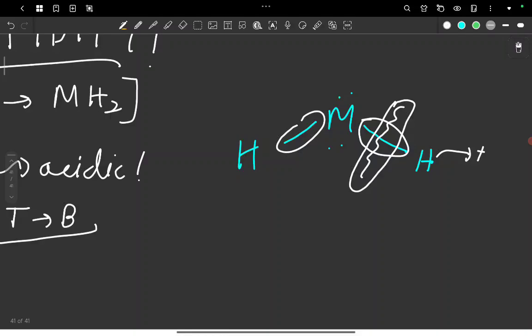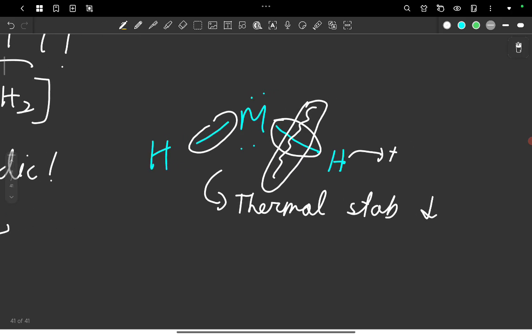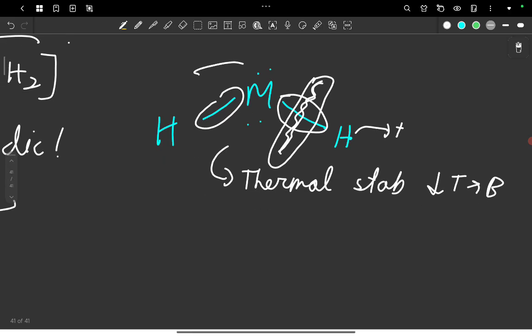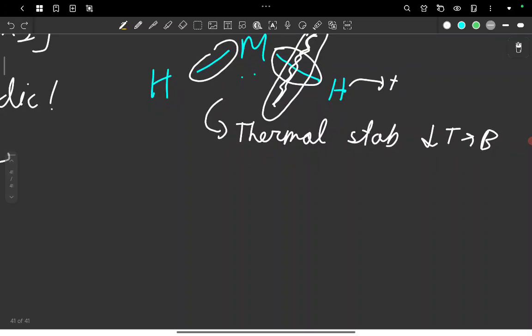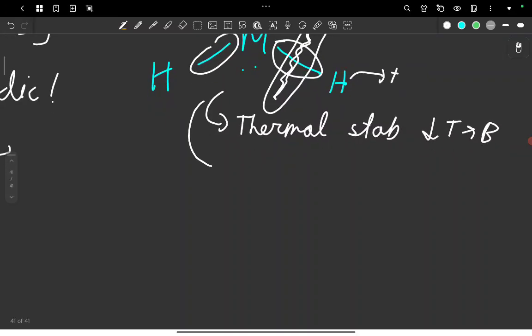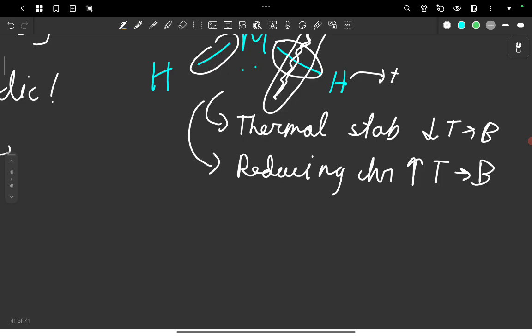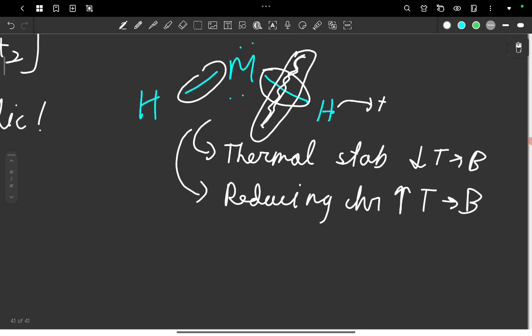Now for the same reason, the thermal stability decreases top to bottom, because of course if this bond is getting weaker it's going to break easily, and that makes the overall compound less stable. And this also explains the reducing character increasing top to bottom, because it's quite intuitive if you think about it.